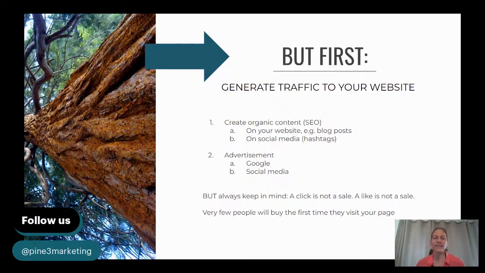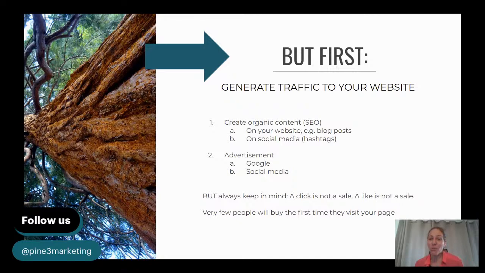We often talk about SEO, search engine optimization, which means that when someone puts in a search term in, say, Google, you will come up not because you paid Google to be visible, but because your content is attractive to that search. So that is what organic content is. You can have it many ways. Here are a few.